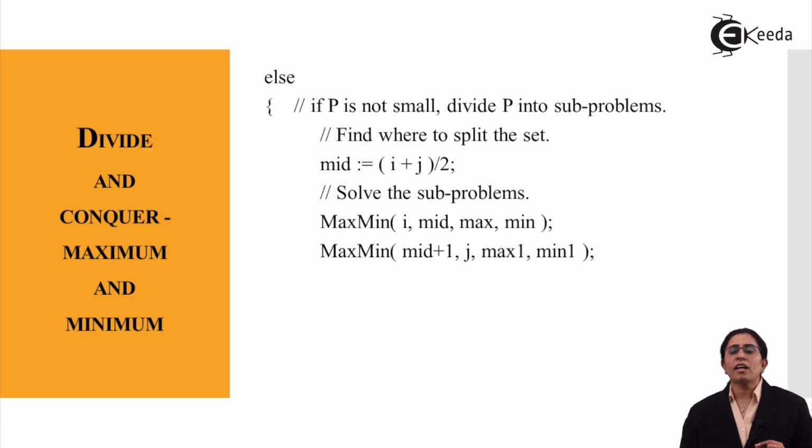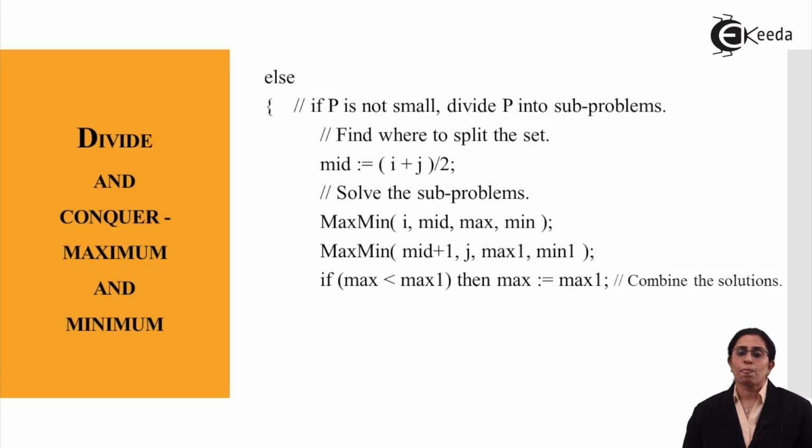That is, whatever are the new maximum and minimum found from the left subarray will be compared with the right subarray, and the value of i starts from mid plus 1. The value of mid is 5, so here it will start from 6 to 9.